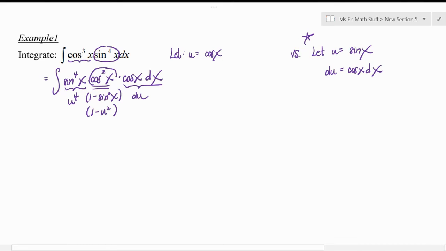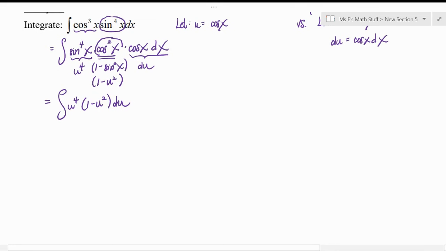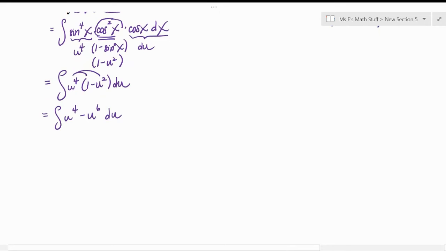So now that I've got this in terms of u, I'd have u to the fourth times 1 minus u squared du. From there, let's turn this into a basic integral by multiplying that in. And now we can just power rule it. Don't forget plus c. And then back substitute.